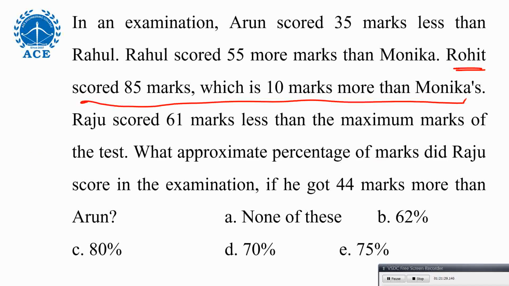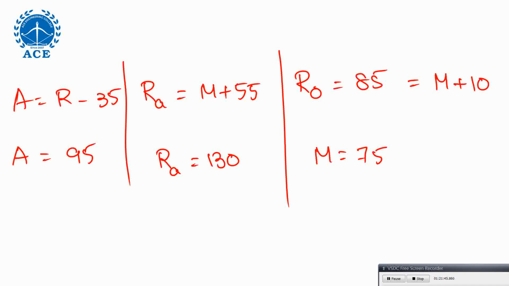Raju scored 61 marks less than the maximum marks of the test. What approximate percentage of marks did Raju score in the examination? If he got 44 marks more than Arun, okay, Raju is 44 more than Arun. Means how much is that? 139.